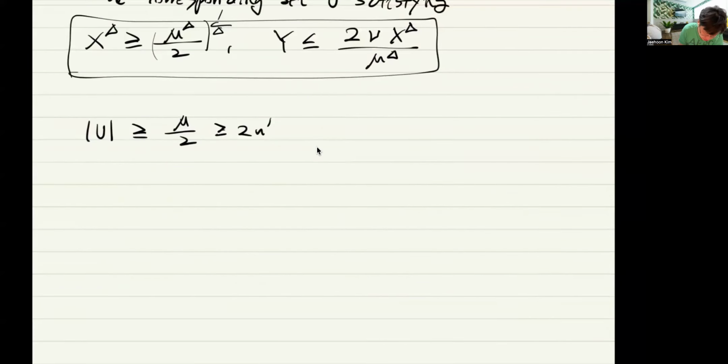And also, you know, y is small, that means what? This is 2 times x to the delta mu over mu to the delta. But what does this mean? This x measures the size of U. And what's nu?